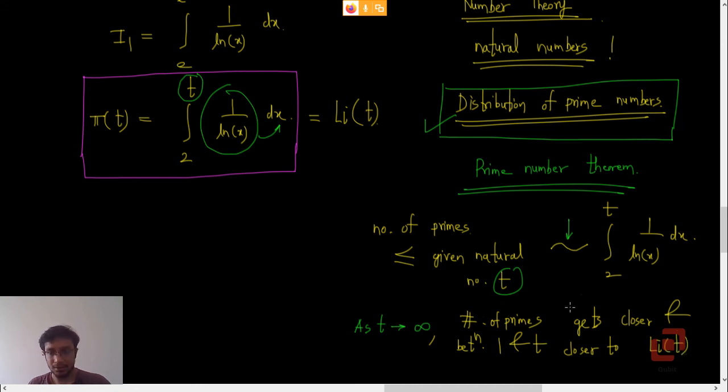Okay, let me demonstrate this for you. Suppose t is 100. Now I know that the number of primes between 1 and 100 is 25.